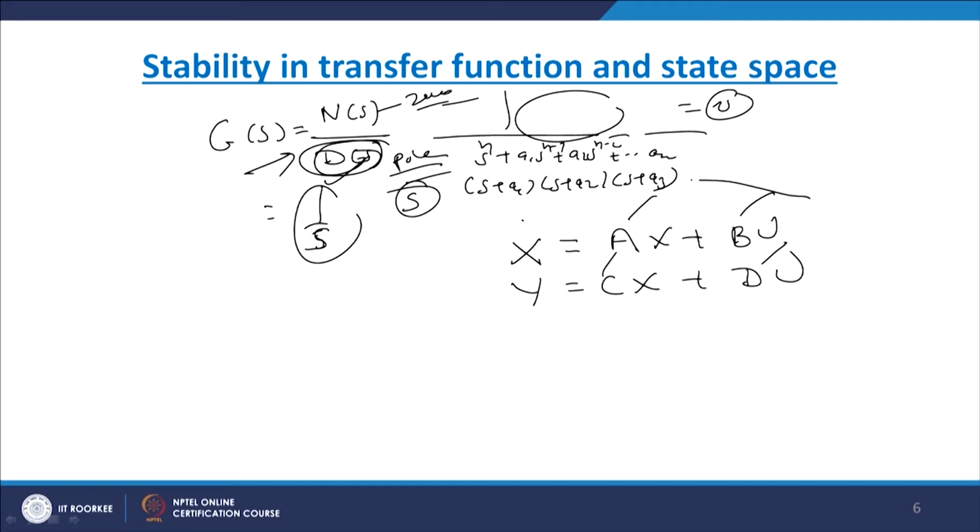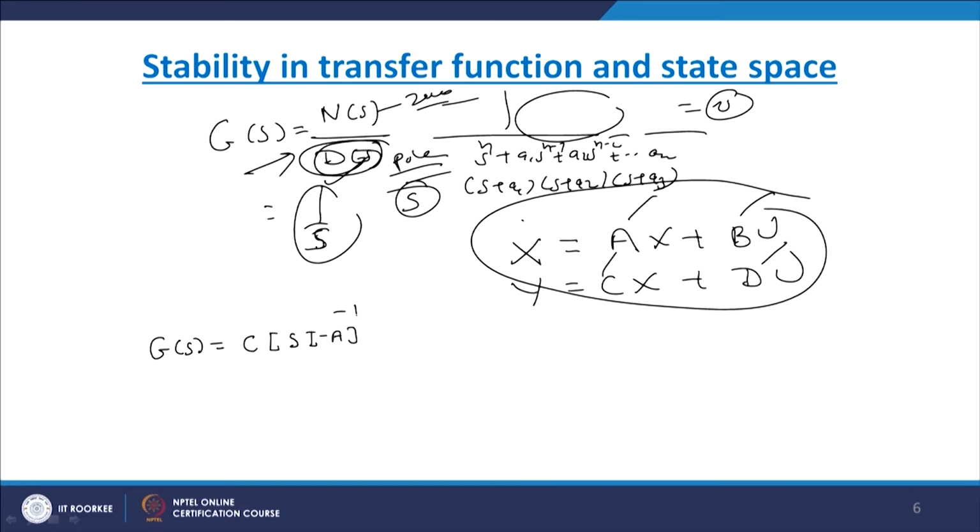To get this, we can write the transfer function G(s) equal to C (sI minus A) inverse B plus D.